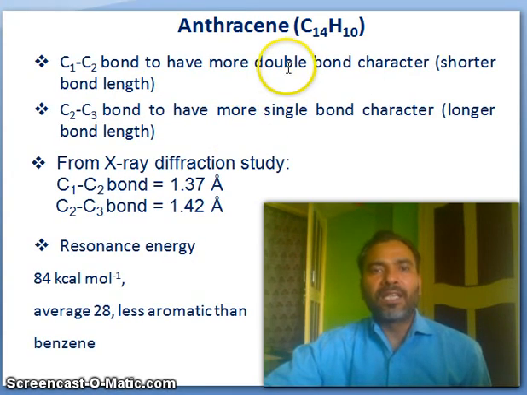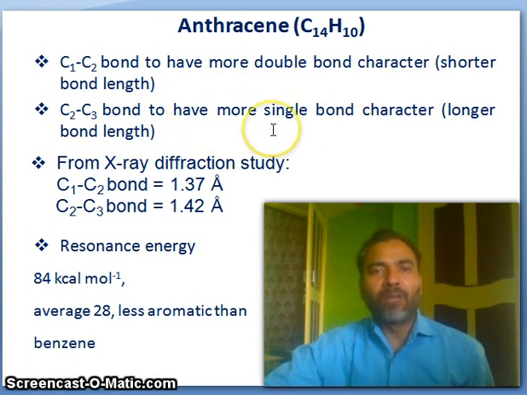Now anthracene contains carbon 1 and carbon 2. Have you seen earlier? Carbon 1 and carbon 2 bonds have more double bond character, which means shorter bond length, and carbon 2 and carbon 3 bonds have more single bond character, longer bond length. How do you know whether this is a longer or shorter bond length?